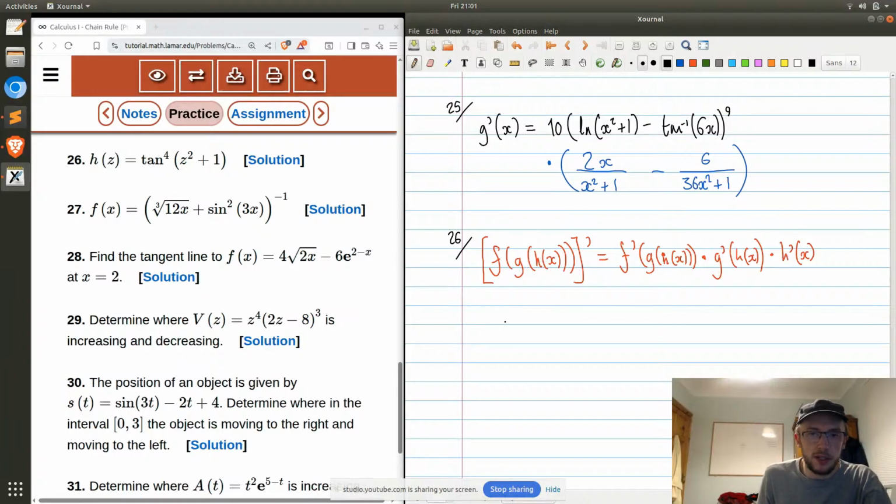So what are the functions? f is this, g is this, tan of x, and h is this, isn't it? Okay, here we go.